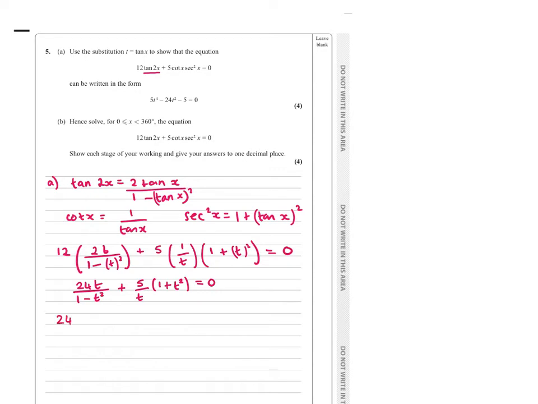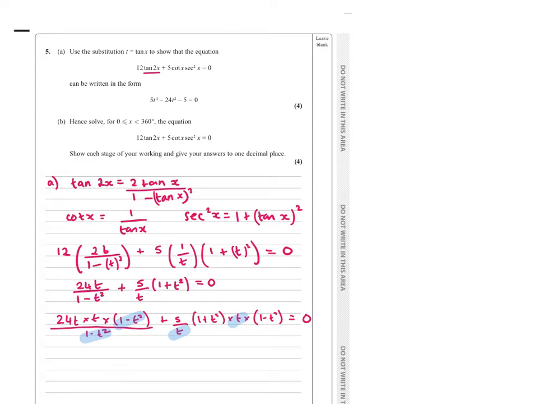So I'm going to get 24t times t times 1 minus t squared, and that's over 1 minus t squared, plus 5t, 1 plus t squared multiplied by t multiplied by 1 minus t squared equals 0. This is to make sure that when I multiply, some things cancel. So 1 minus t squared is going to cancel with 1 minus t squared. Then also t is going to cancel with t.